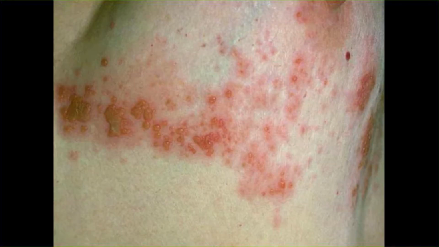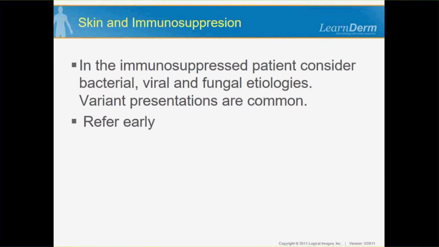Here you have a classic picture of shingles, and if you see ulcers or erosions in a dermatomal distribution, that also could be shingles. The teaching point there is variation happens frequently when patients are immunosuppressed. So you consider bacterial, viral, and fungal etiologies in that immunocompromised patient. Variant presentations are common. Refer early.